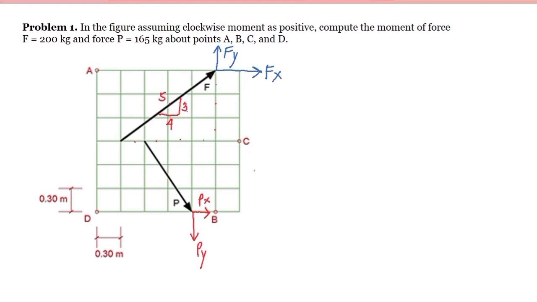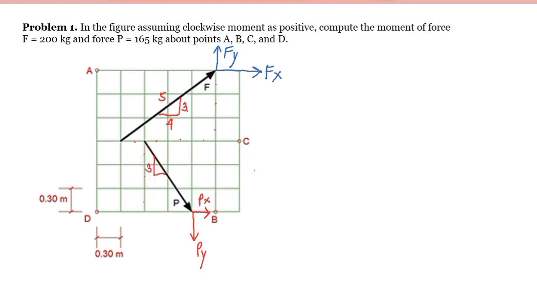So we have the square root of the sum of 3 square and 4 square, and that would give you 5.